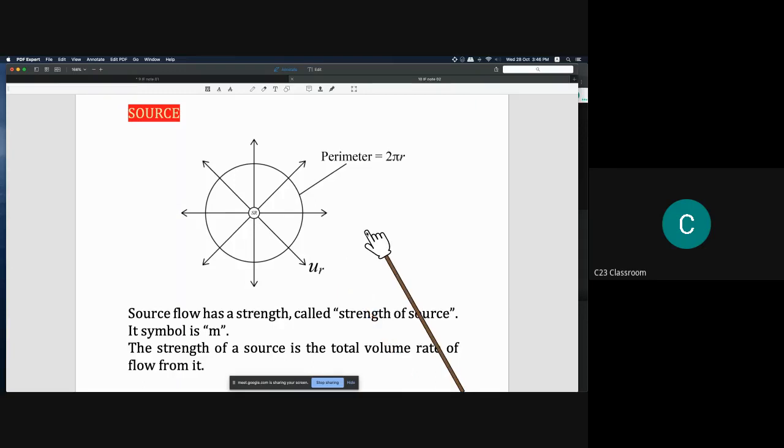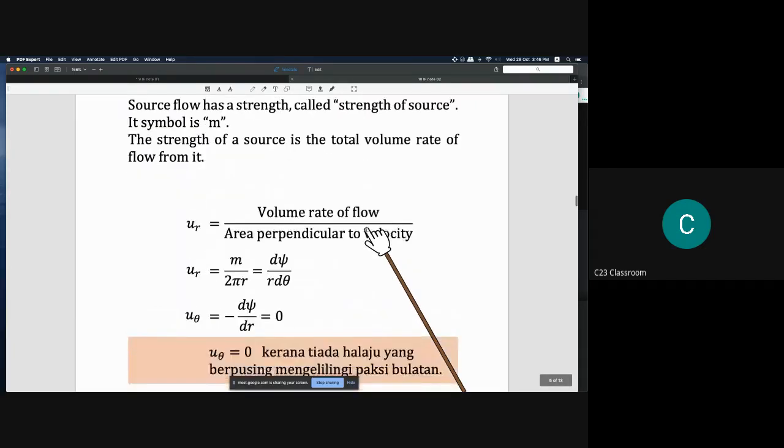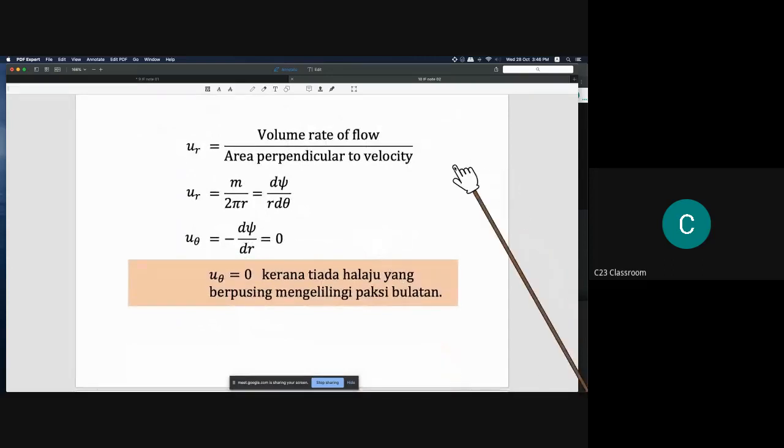So ur can be calculated as the volume flow rate divided by the area, so we write m over 2 pi r, which equals d psi over r d theta. And then we assume that u theta is equal to 0, because there is no velocity moving along the theta axis.